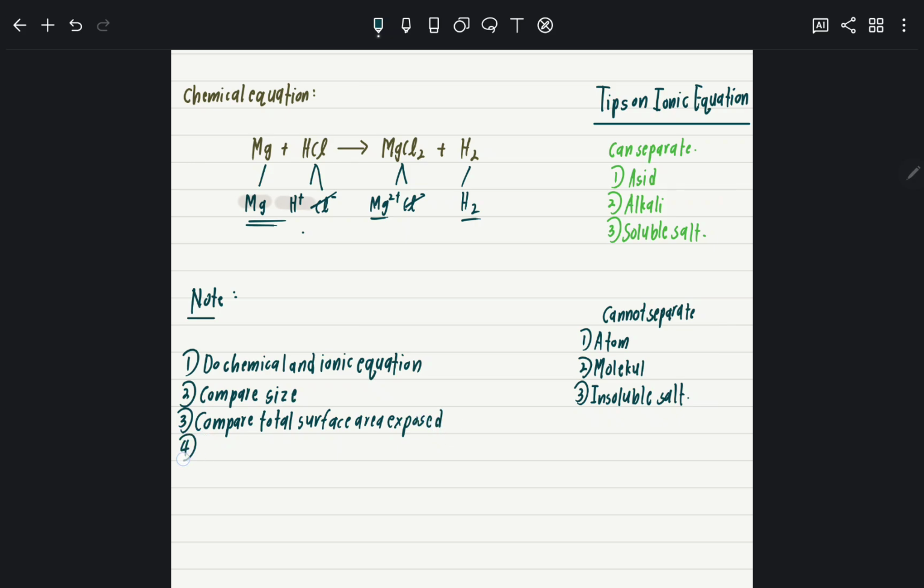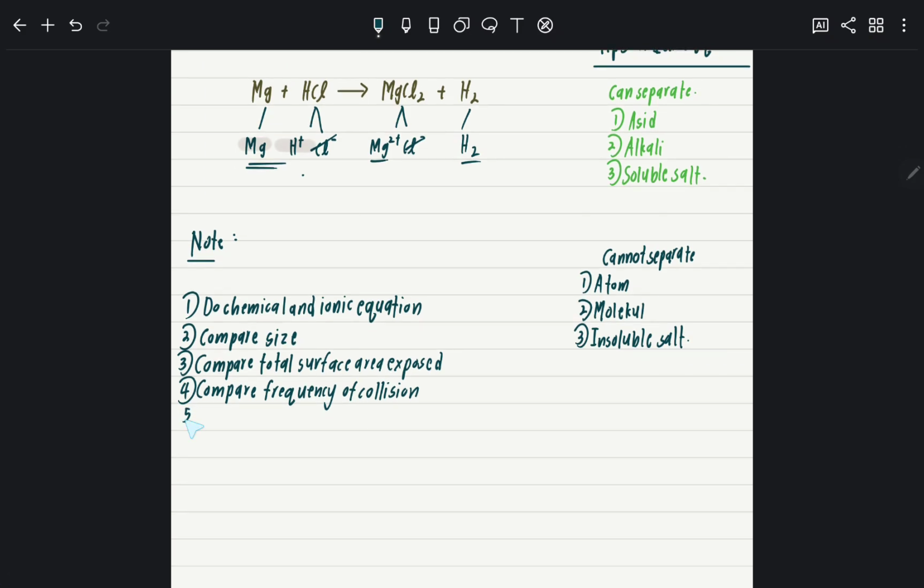And then the fourth one, compare frequency of collision. But remember, for frequency of collision, we add the name of the reactant, which in this case is magnesium atom and hydrogen ions. You will get the name of the reactant once you do the ionic equation, so make sure you do the ionic equation first.